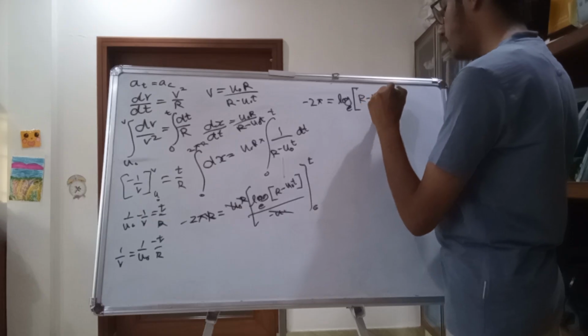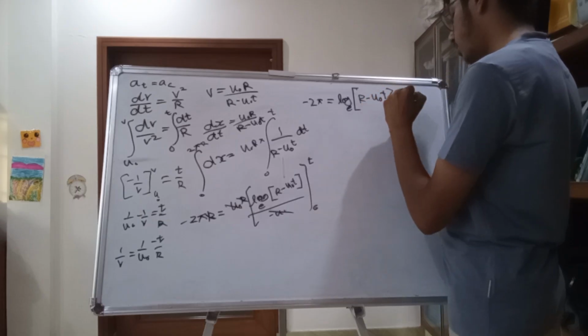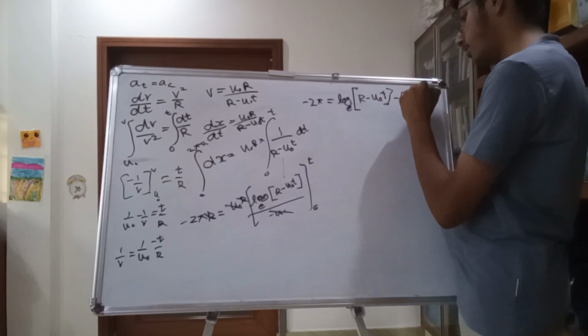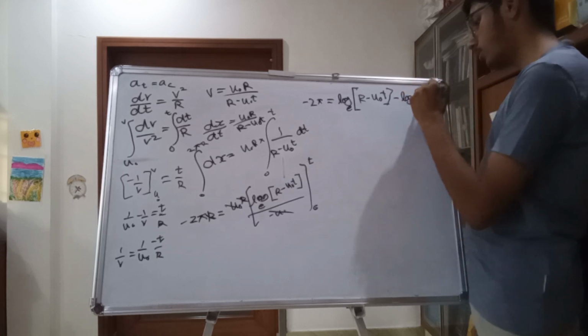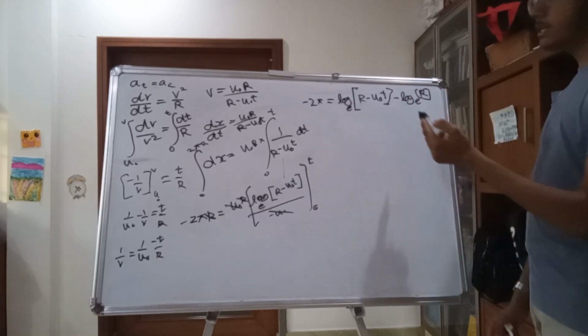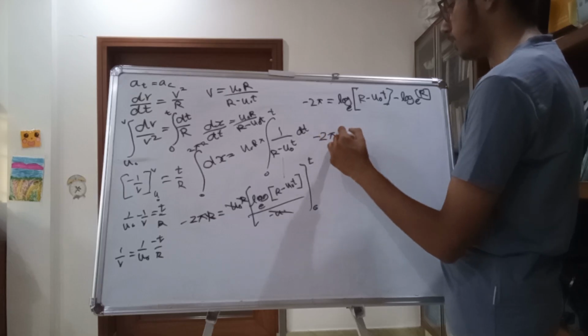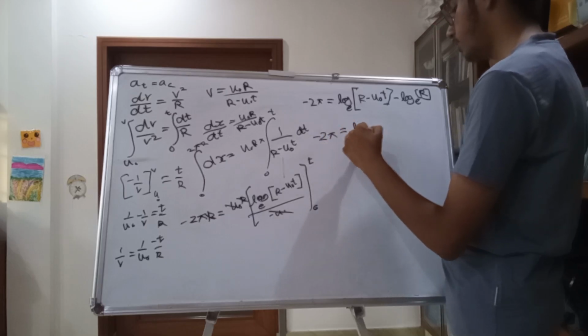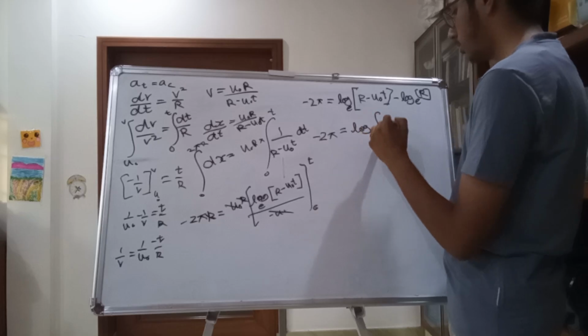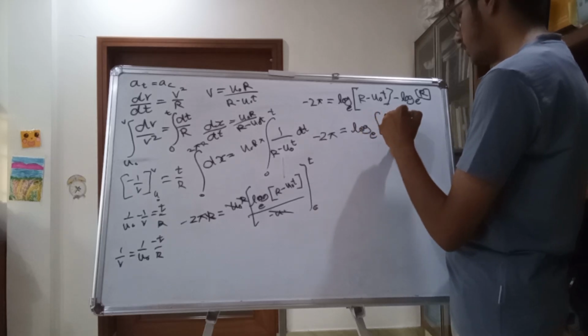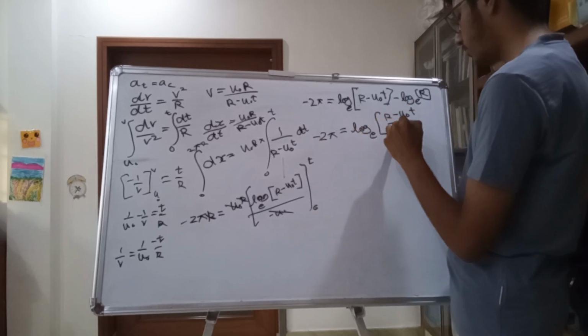Hope you can understand now. Now you know the formula log a minus log b. Minus 2 pi equal to log base e of r minus u naught t by r.